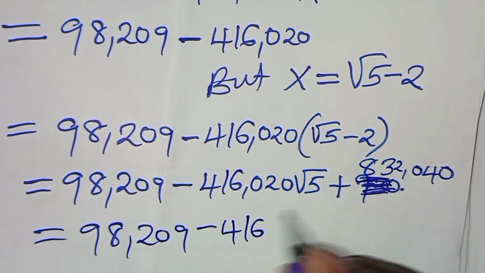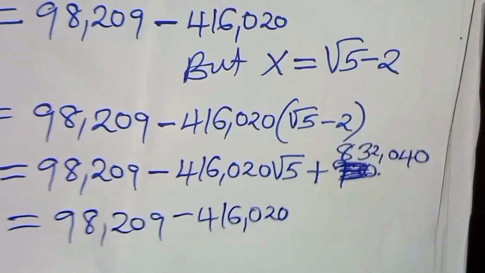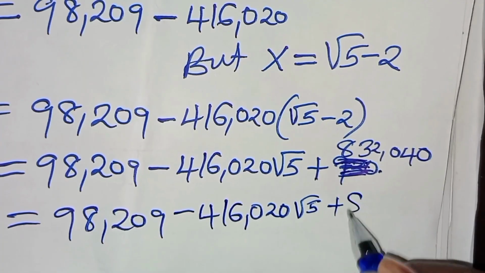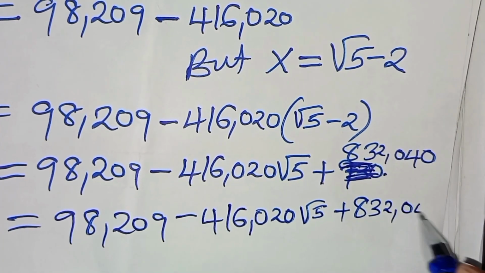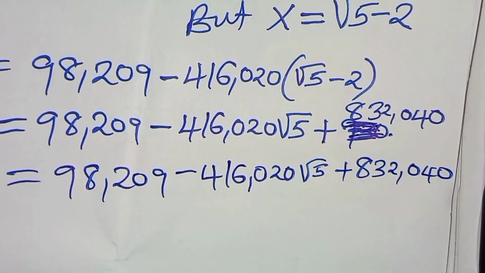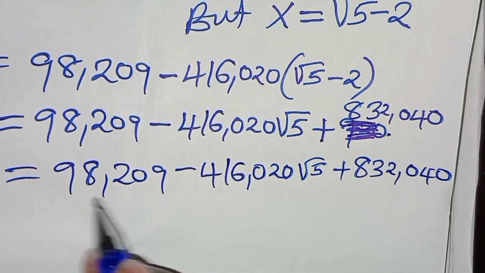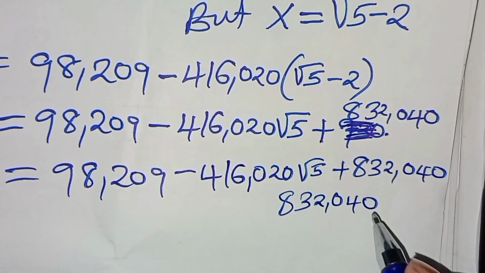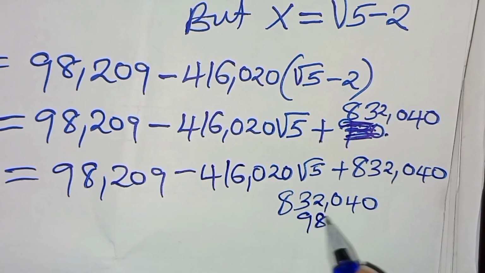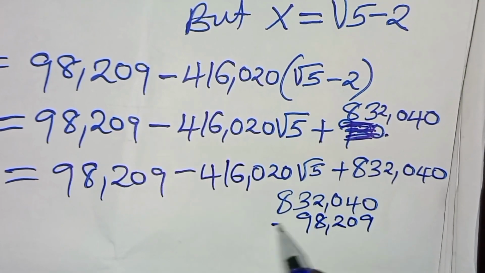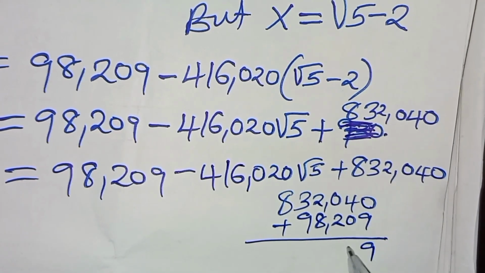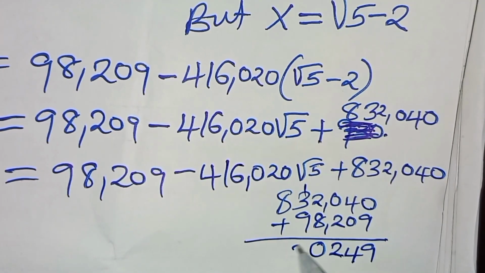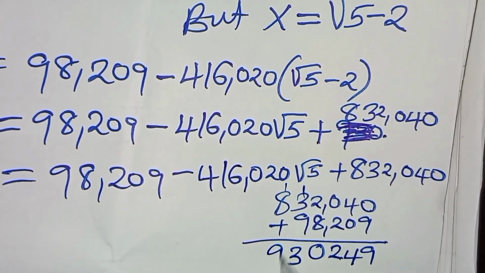Now the next step here, let me write this nicely. Subtract 416,020 square root of 5 plus 832,040. So let's combine the like terms together. This is 832,040 plus 98,209. So this is 9, 4, this is 2, this is 10, carry 1, this is 13, carry 1, and this is 9.